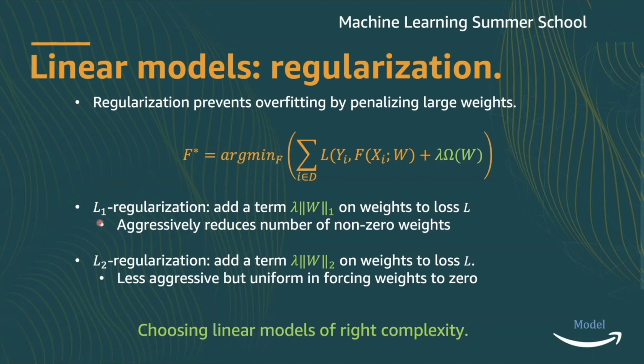Take as example the L1 norm, which is simply the sum of absolute values in the vector. That's one kind of penalty that you could add. It gives you results very similar to the lasso algorithm.